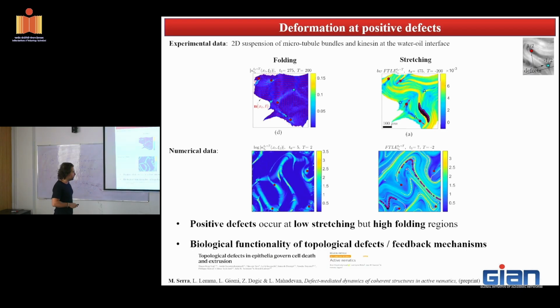It's just a speculation, but there is evidence that strain, so far, has been quantified mostly via stretching, but this data suggests that folding may be even more important than stretching.